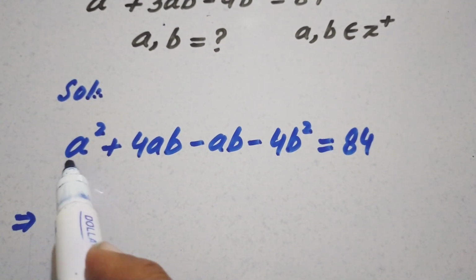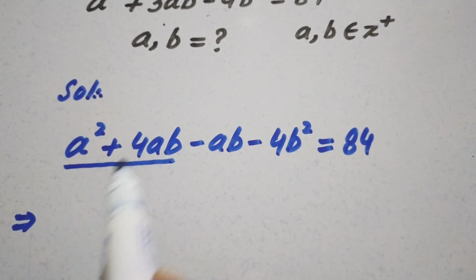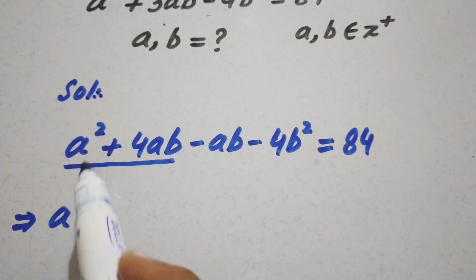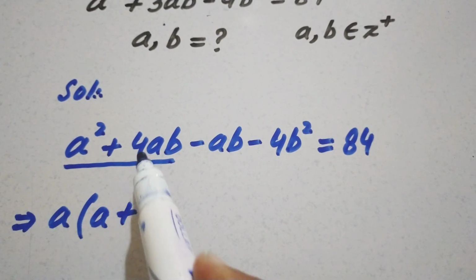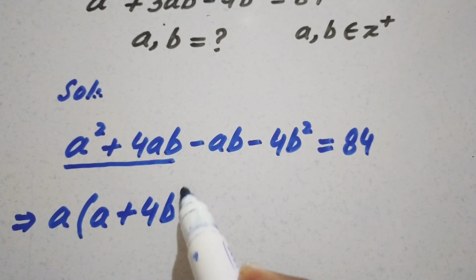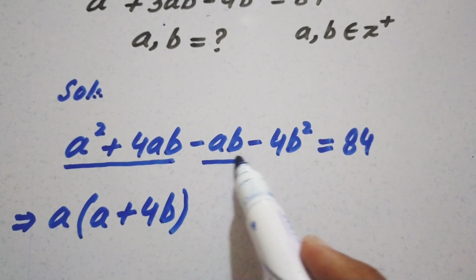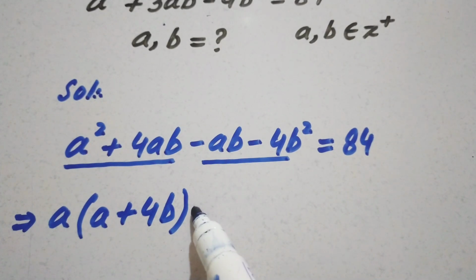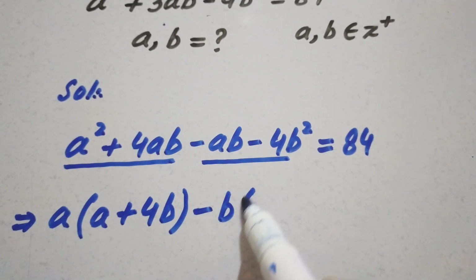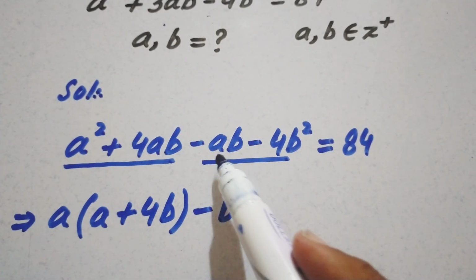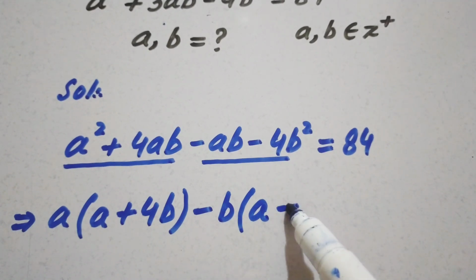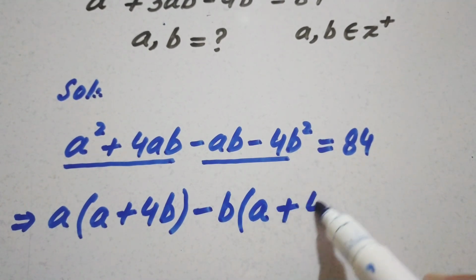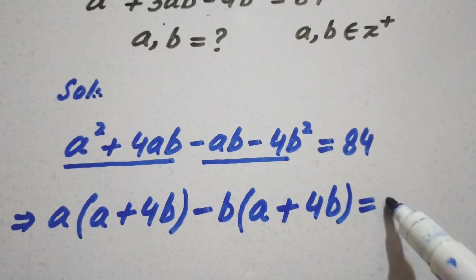Now take common from the first two terms a, and inside the bracket a plus 4b will be left. And from these two terms we can factor out minus b, and inside the bracket a plus 4b will be left, equal to 84.